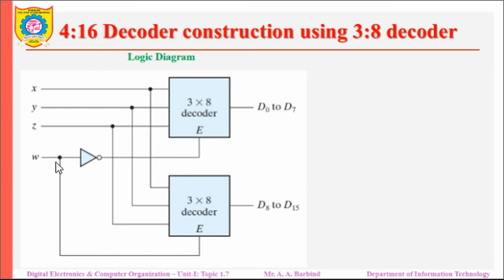Whereas when W is 1, the second decoder will be enabled, and one of the 8 outputs, from D8 to D15, will be active, depending on the values of X, Y and Z. So there are 16 lines for this decoder, and depending on the values of W, X, Y, Z, one of the 16 lines will be active.